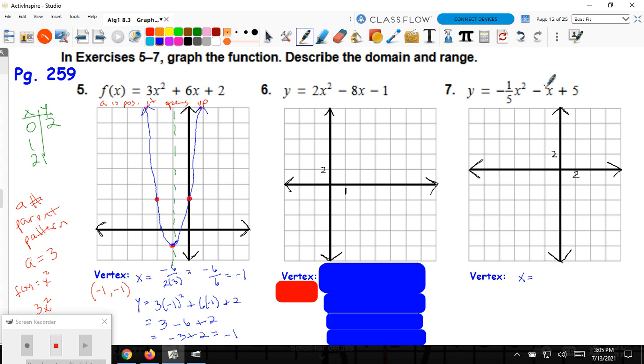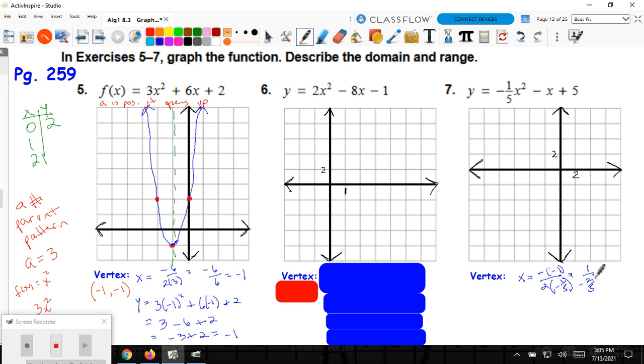So b in this one is -1. So we can say negative times -1 over 2 times -1/5, which is our a. This is definitely going to be a more challenging one. So we're going to get 1 on the top, and then -2/5 will be on the bottom.